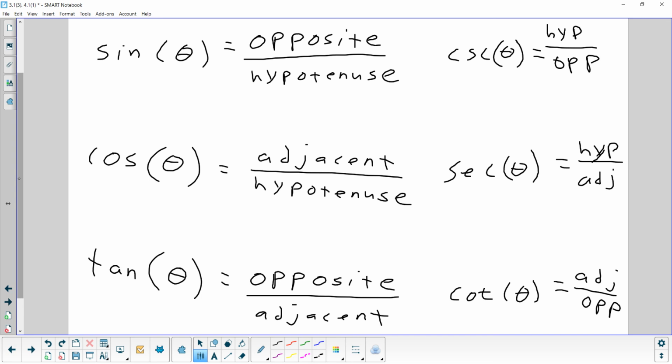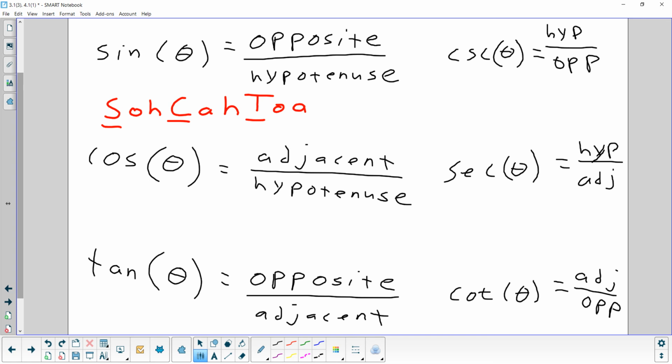And there's different ways or tricks that people use to try to remember. One of the tricks is this. Sine is opposite over hypotenuse. Cosine is adjacent over hypotenuse. And tangent is opposite over adjacent. Anybody ever seen that before?